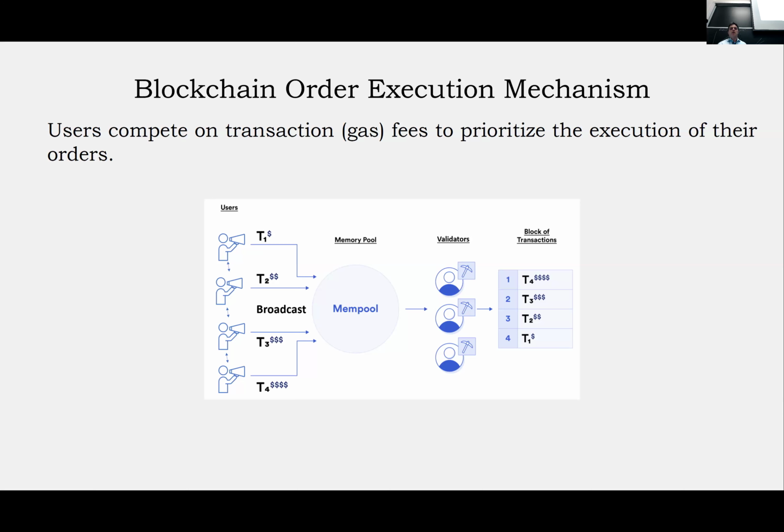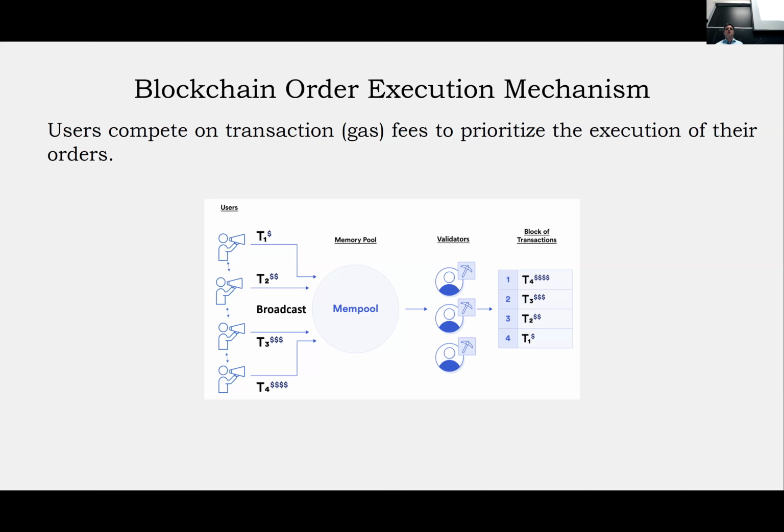For example, user 4 is willing to bid a fee of $4. When the validators, who are ultimately in charge of constructing these blocks, have to pick the transactions, they will pick the transaction bidding the larger fee, because they get to keep the fees. Their source of revenue is exactly the fees. So if you want to gain priority, you should bid the larger fee.